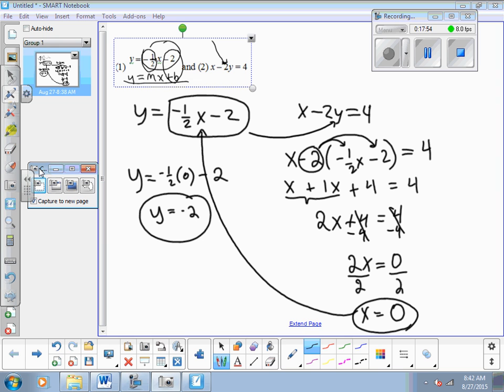Was this the coordinates that you guys had set? 0, negative 2? So here's the other way to do it algebraically. Whichever way you thought was easier for you. Okay? All right, do you remember this stuff? Yeah? Makes sense? You don't have to do both of them. One of them. So just everybody see which one might be easier for you.